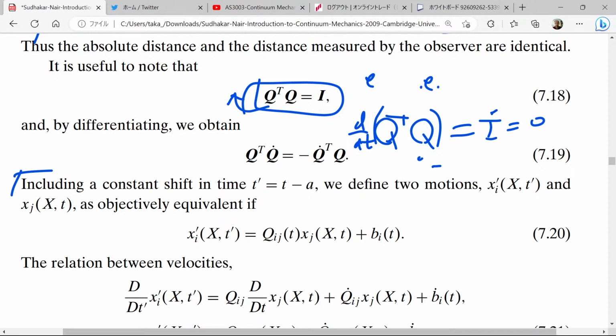We define these two motions as objectively equivalent. Objectively equivalent is an interesting word, right?